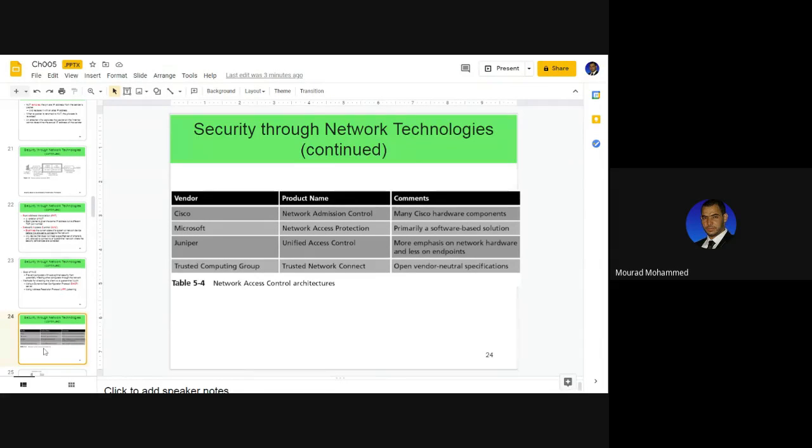You draw them based on the functionalities delivered by each device. So choosing this or that is not a matter of technical expertise here. No. Cisco, Microsoft, Juniper, or any third-party company.